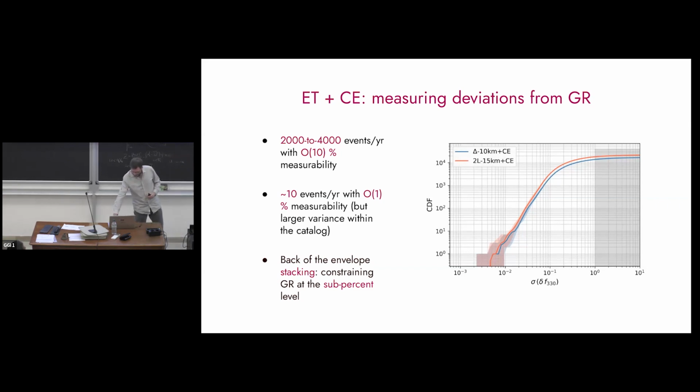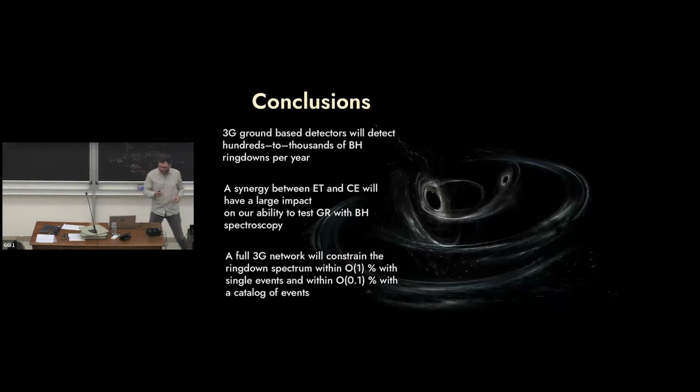Then, finally, conclusions. This is generally optimistic, self-motivating: the 3G detectors will see a lot of things with very high SNR. But I think the important takeaway is that if we manage to get a synergy between the Einstein Telescope and the Cosmic Explorer, this would be the optimal situation in which we will be able to test GR with black hole spectroscopy.